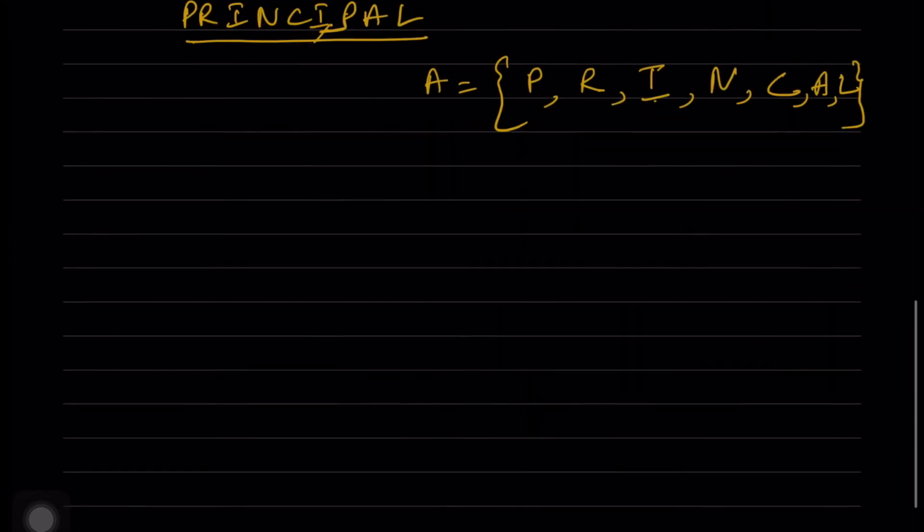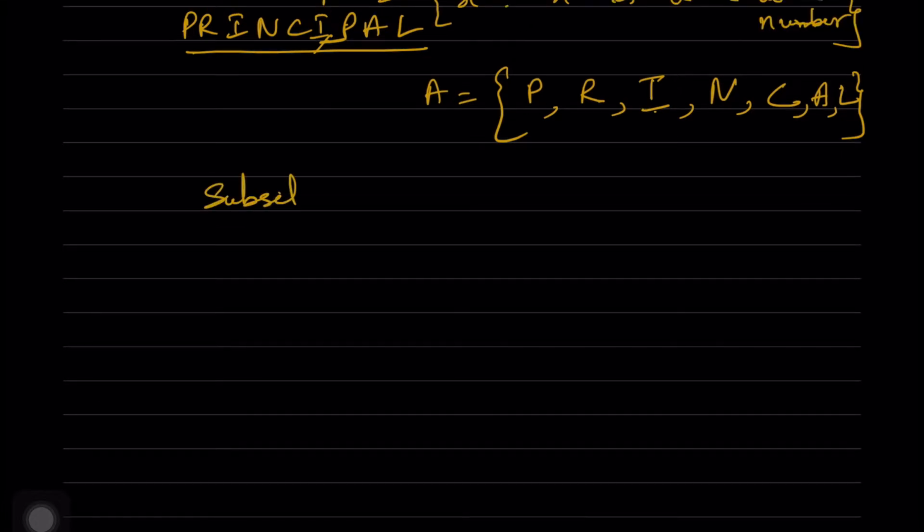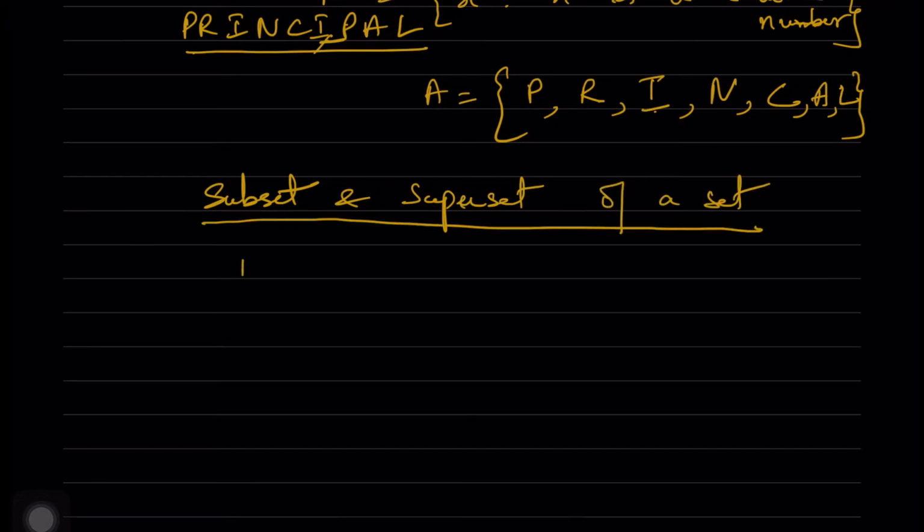So now what are the different types of sets we'll go into? So what is subset and superset? Subset and superset of a set. Consider an example I'll do. A is equal to {1, 2} and B is equal to {1, 2, 3}.